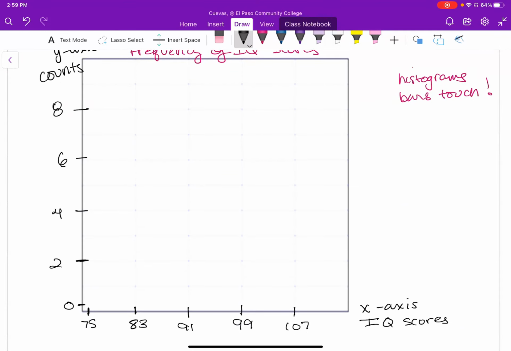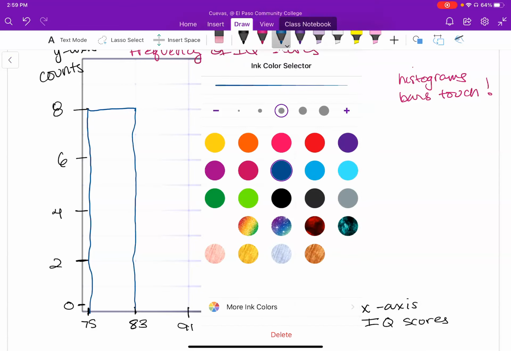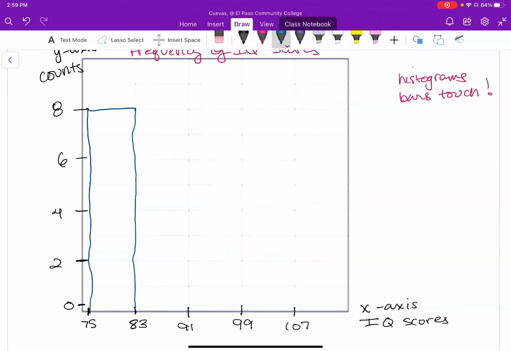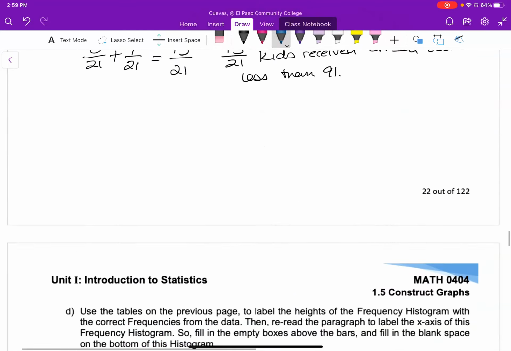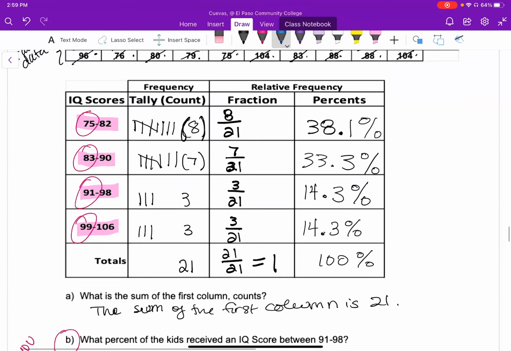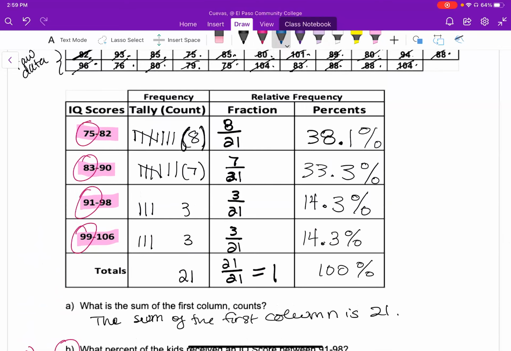So the first one, 75 to 83, has a count of 8. Remember I said before that if I could, I would use that ruler. Again, your bars also have to touch, so I think that'll be important. The next one is from 83 to 90, and the frequency was 7.